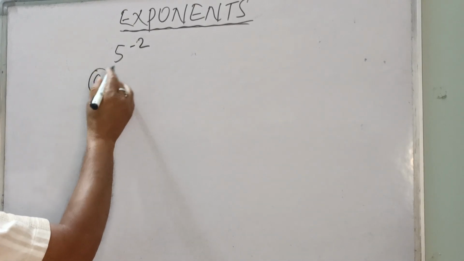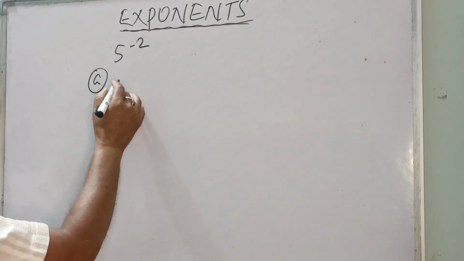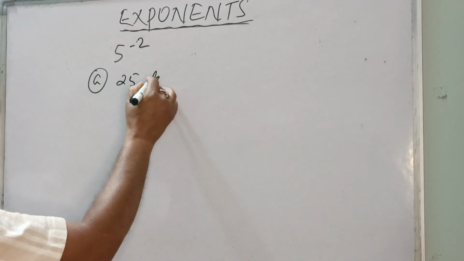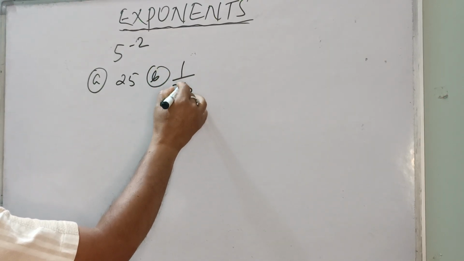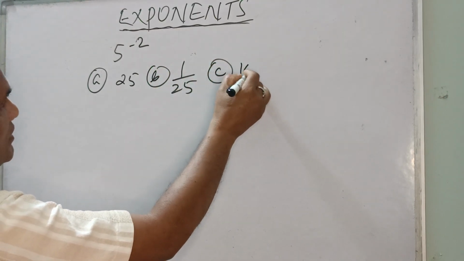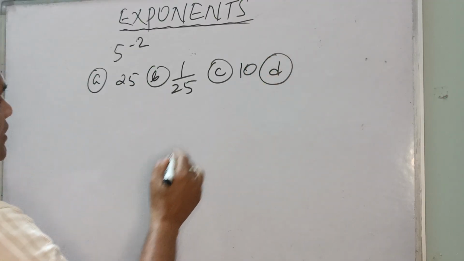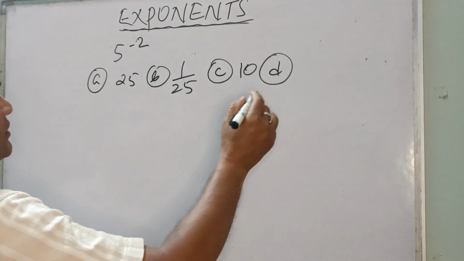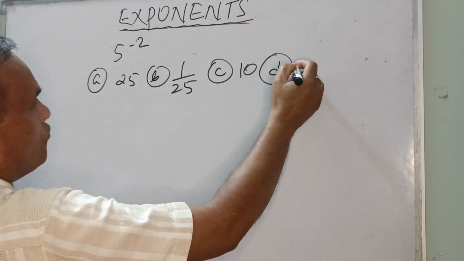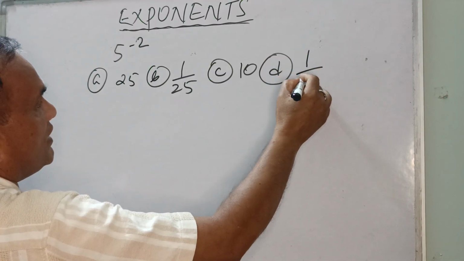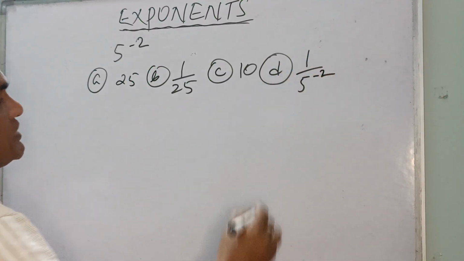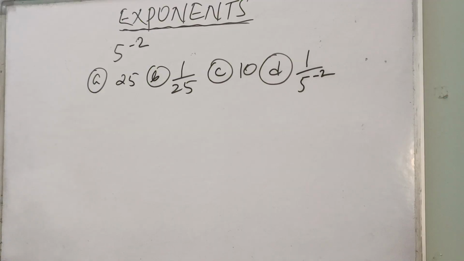You are given multiple answers: A is 25, B is 1 upon 25, C is 10, and D is 1 upon 5 to the power minus 2. So what is the correct answer in this? How to solve this to get the correct answer?